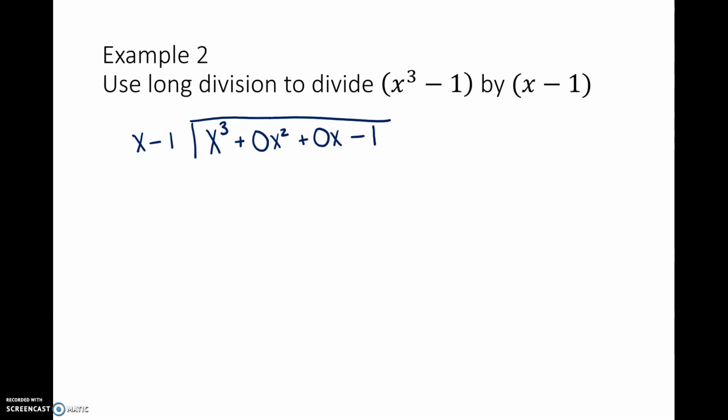First, I'm going to focus on this first blank, and I'm looking for this blank times x needs to give me x to the third. So I've already got x. To get to x to the third, I need x squared. Once I've figured out what goes in that blank, now I have to multiply.